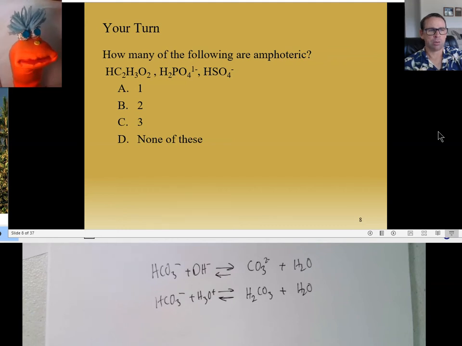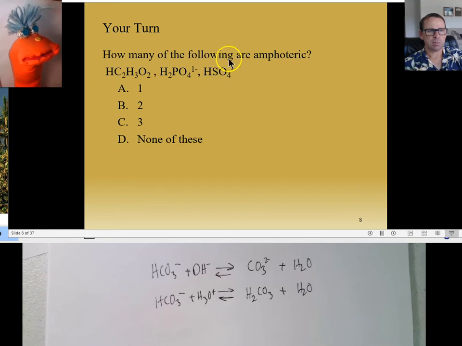H2PO4- can take one because it has a minus charge. Right. HC2H3O2, the acetic acid, it can give, but I don't think it can get one, can it? No, it can't. You'd have to add a positive charge, and that species is not going to occur. This is just a weak acid with its proton.